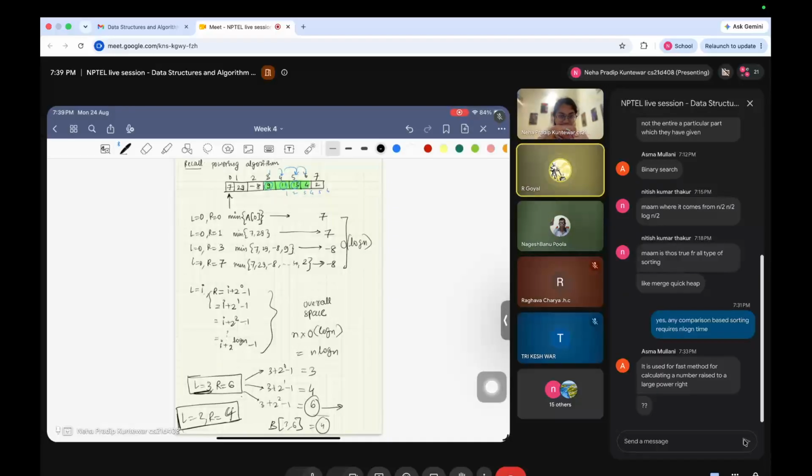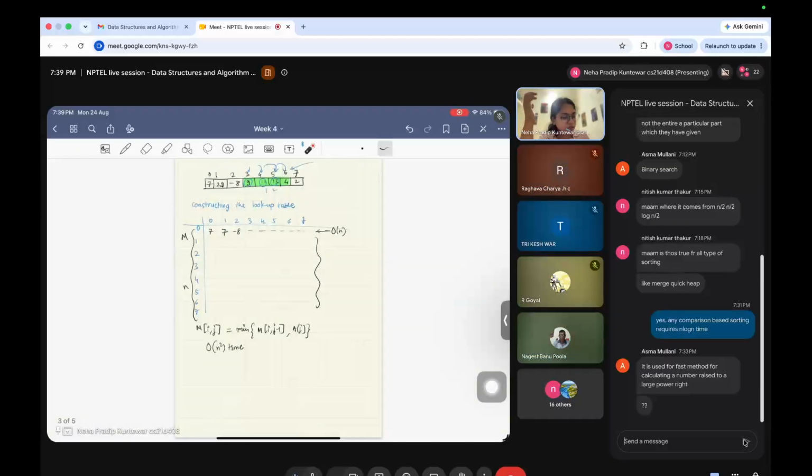How did we get this to be of the order of log n? So you are only storing, let's say you are starting at 0. There are n possible values for R, but you don't keep the minimum for all of them like we did here. You are only going to keep these values.